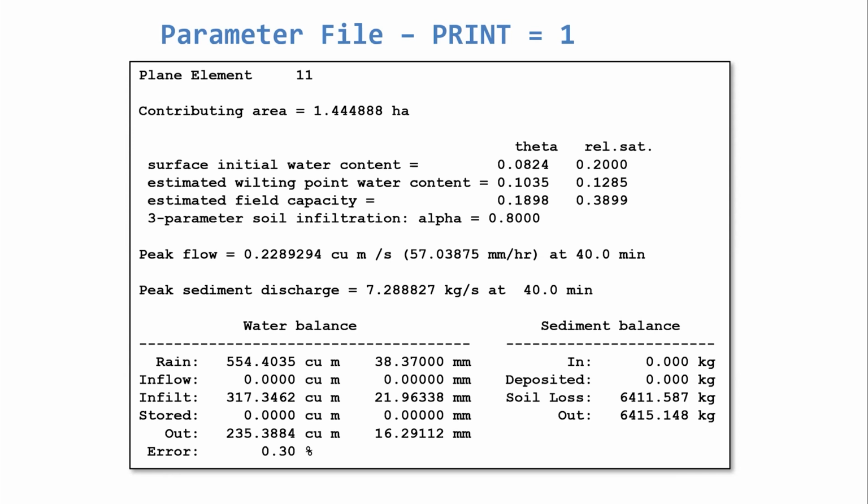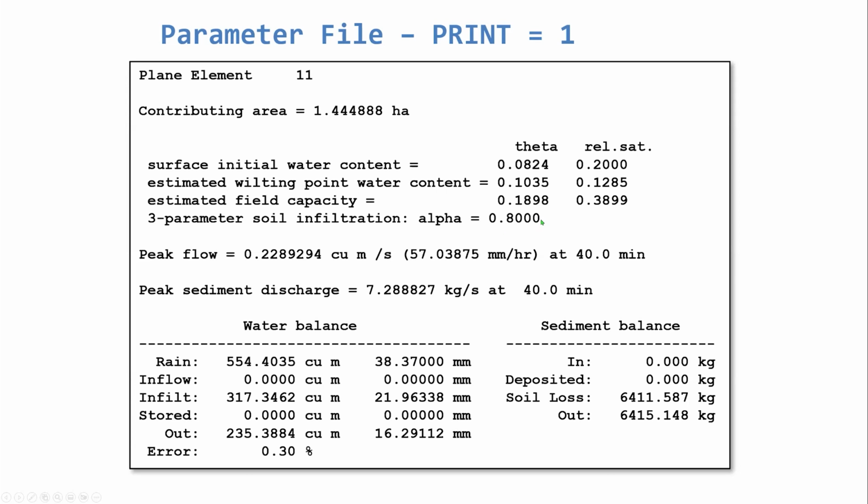So for plane element 11, you see it's got a smaller contributing area. It's a part of the overall watershed. It's telling you what the initial water content is, the estimated wilting point, field capacity, and the coefficient on that 3-parameter infiltration equation.